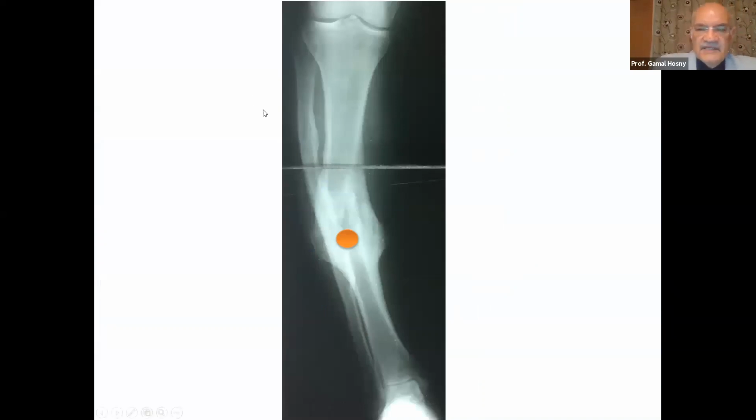In this example, we have a diaphyseal apex of the deformity. It's clear. Look at the apex of the deformity. It's here at this point. This is the apparent CORA, the apparent apex.